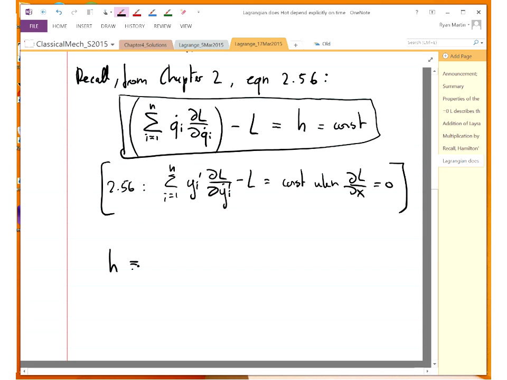Let me rewrite this quantity h the other way around, to define it: the sum from i equals 1 to n of qi dot dL by dqi dot, so you sum over all the degrees of freedom, and then subtract L at the end. That has a name, it's called the Jacobi integral.